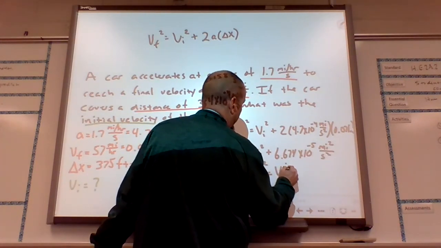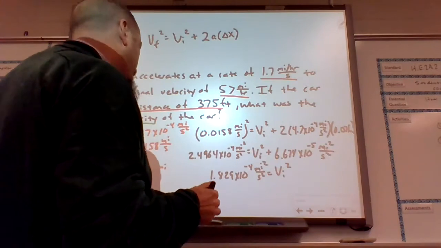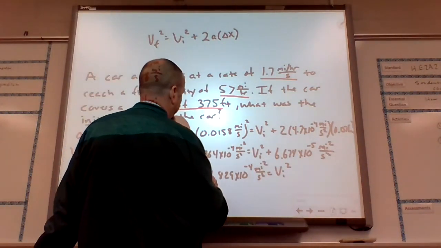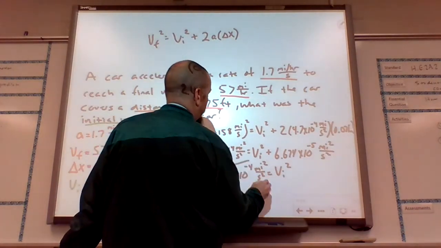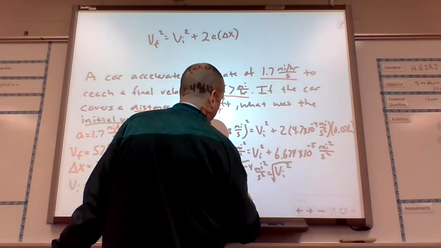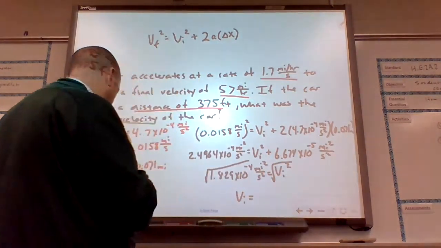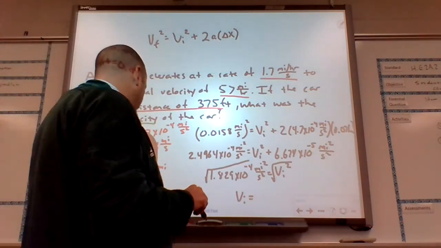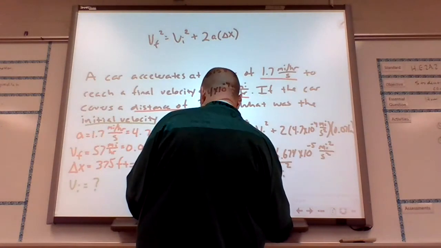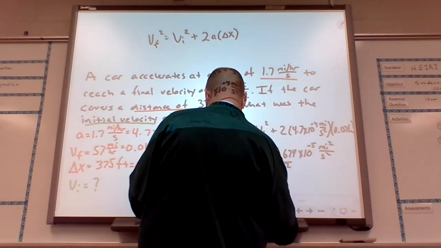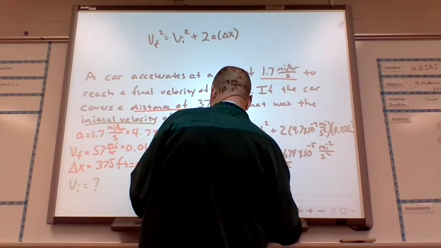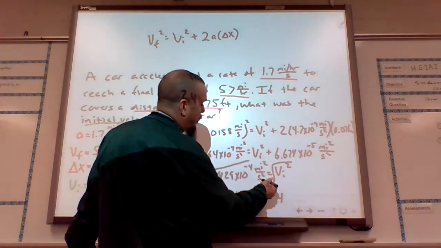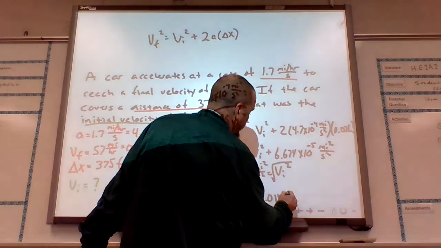And that is equal to VI squared. And then we have to remember at this point that we have to take the square root of both sides, so that VI equals 0.01352. Because we square root of this, it's just going to be miles over seconds.